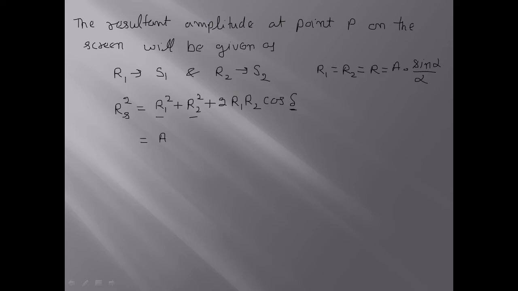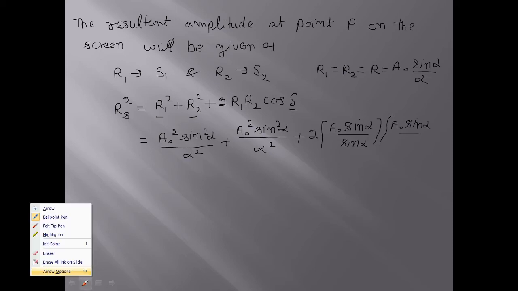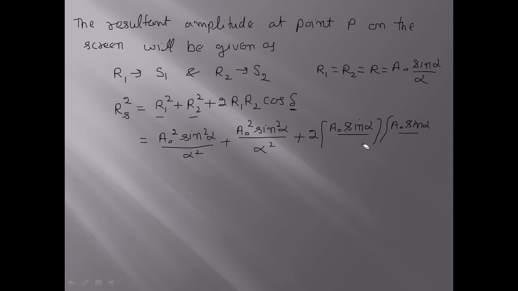Then we have E naught square sine square alpha divided by alpha square plus E naught square sine square alpha divided by alpha square plus 2 E naught sine alpha divided by alpha times E naught sine alpha divided by alpha, multiplied by cos delta.